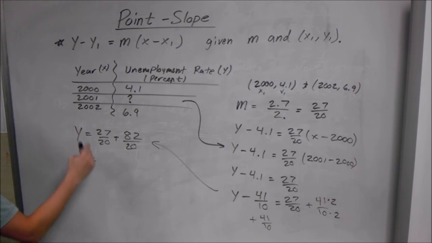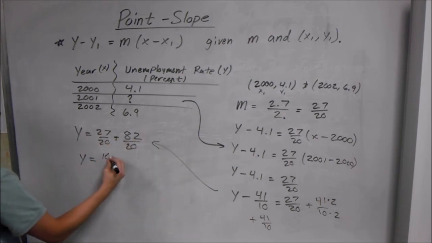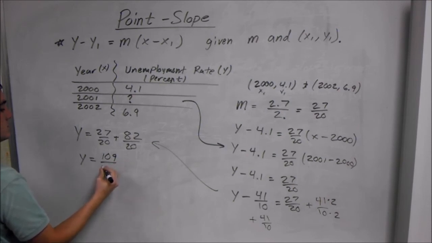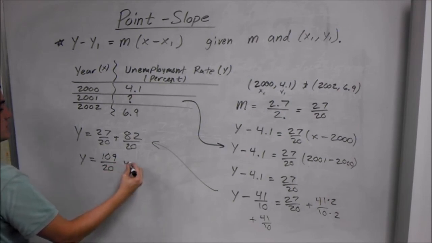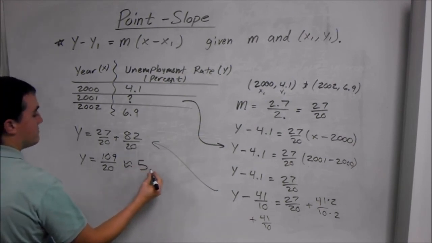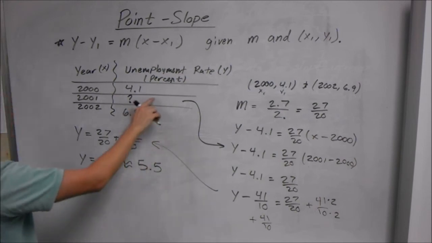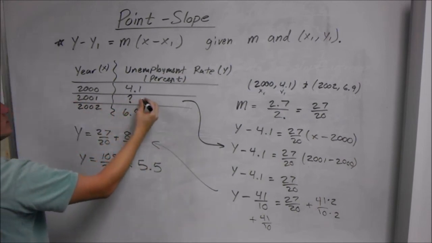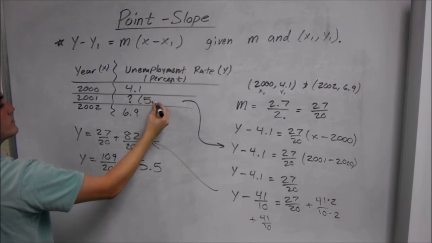Y equals 27 plus 82, 109 over 20. Which is about 5.5. So the unemployment rate for year 2001 would be 5.5.